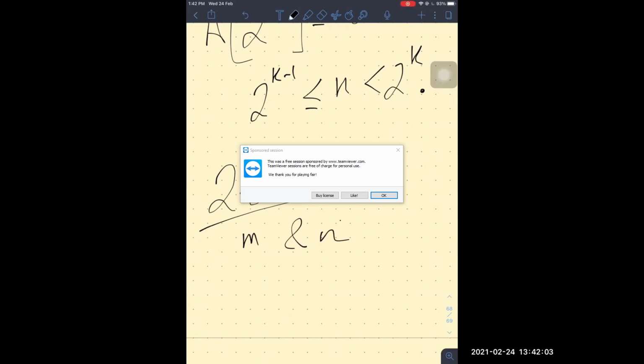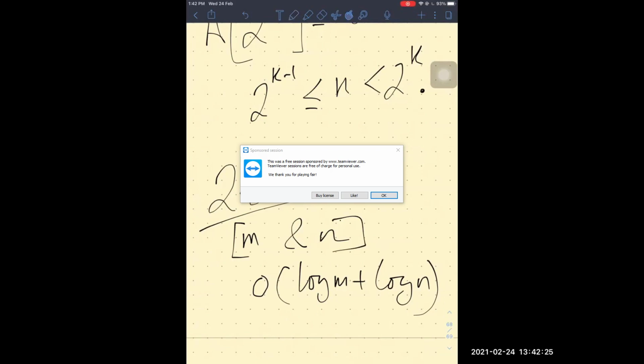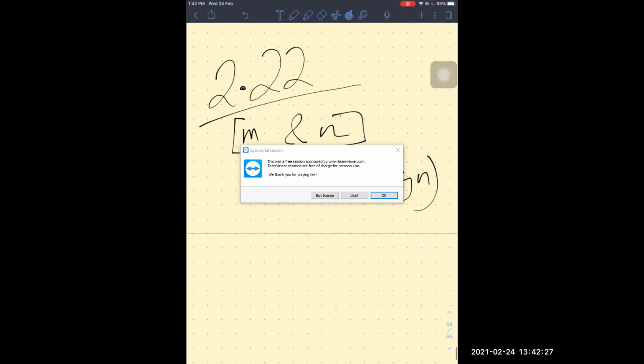Give a big O of log m plus log n time algorithm for computing the kth smallest element in the union of the two lists. So any idea on how to solve this question?